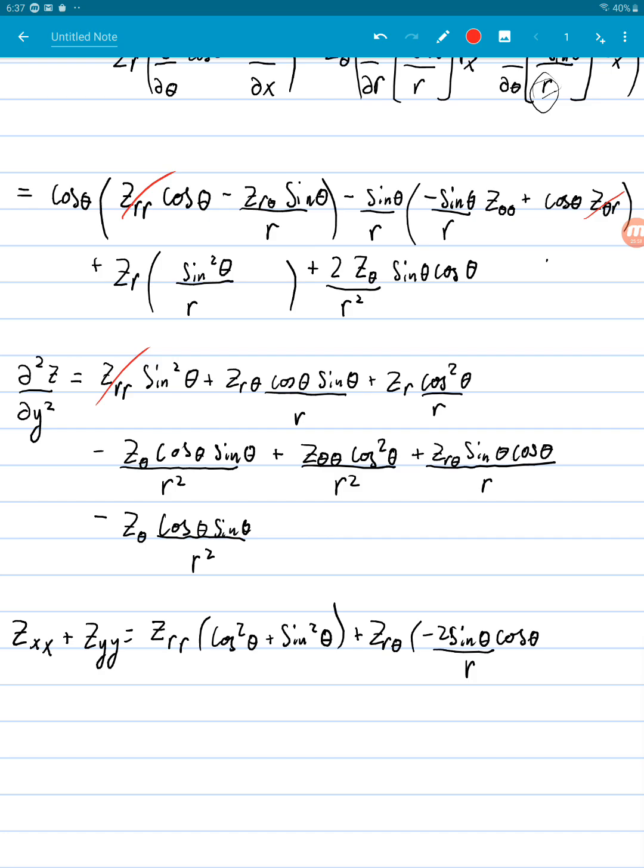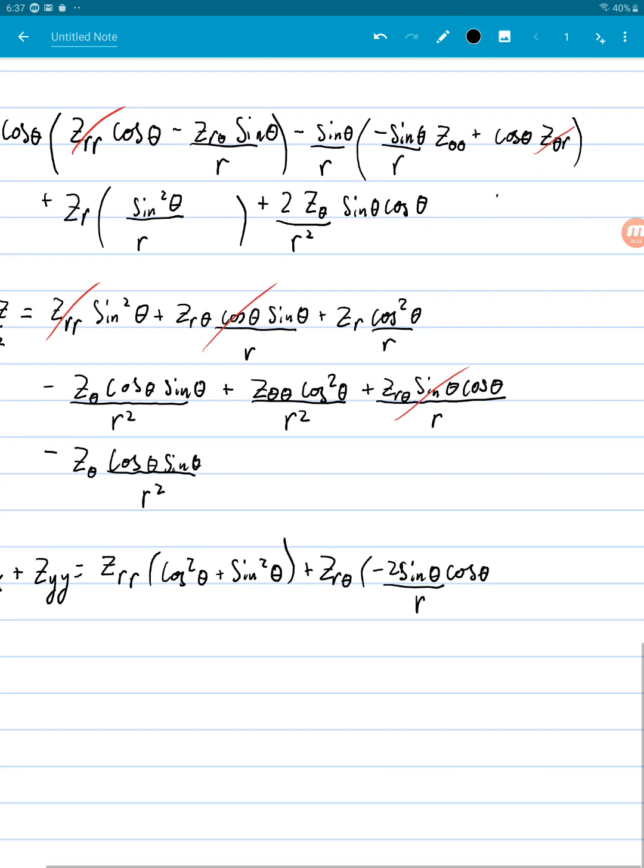And we have that. So we'll have minus 2 sine theta cos theta over r plus 2 sine theta cos theta over r. So the zr theta terms are going to add up to 0.